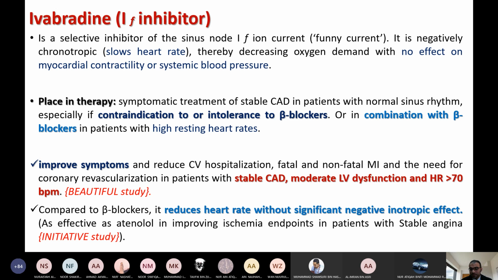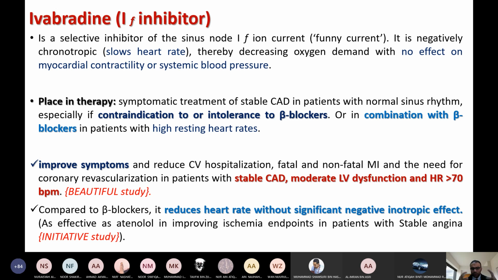Ivabradine, of course, is one of the medications that have several cardiovascular indications, which is common among cardiovascular medications, and it has some unique characteristics. Ivabradine is a selective inhibitor of the sinus node funny current.